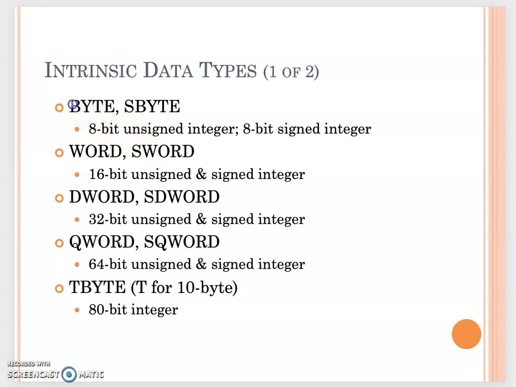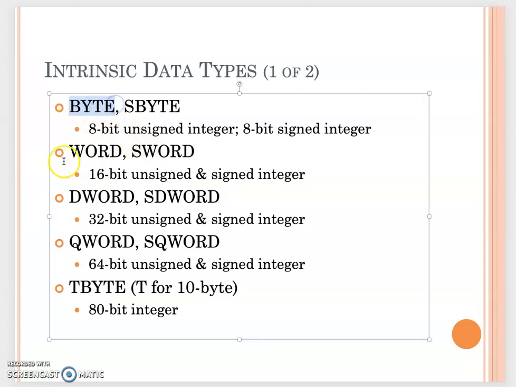As we said before, we have byte, that's 1 byte, word, 2 bytes, DWORD, which means double word, so that's 4 bytes. Then we have QWORD, quad word, that's 8 bytes. And also we have TBYTE, that will be 10 bytes. All of those, BYTE, WORD, DWORD, QWORD, are unsigned values.